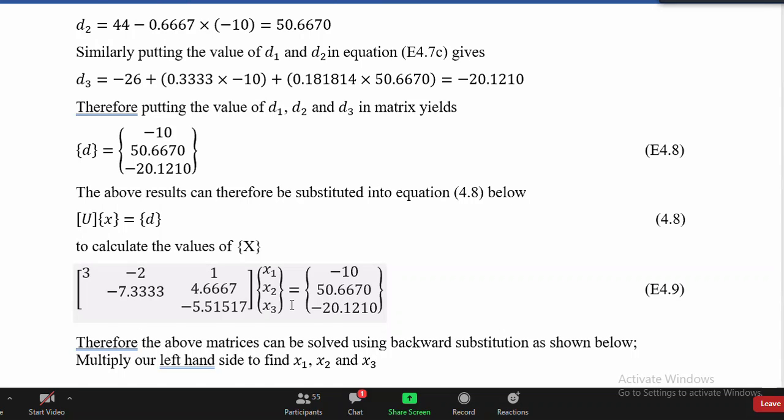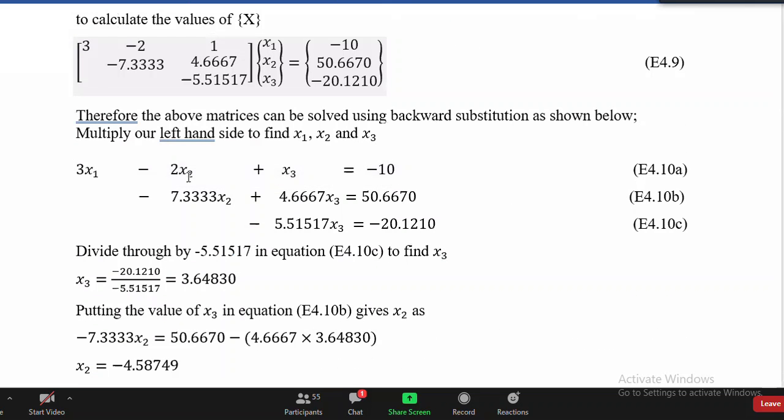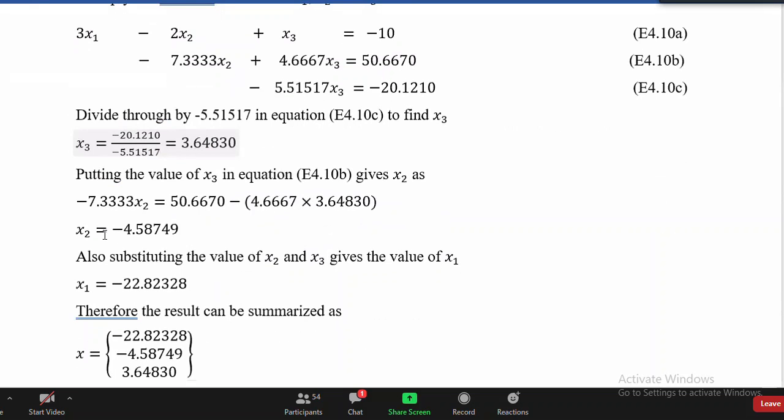We can write out the equation: 3x1 minus 2x2 equals 10 and so on. So from here we do back substitution. Calculating x3, then x2 is this. We substitute back to x2 and then to x1, and we have these values.